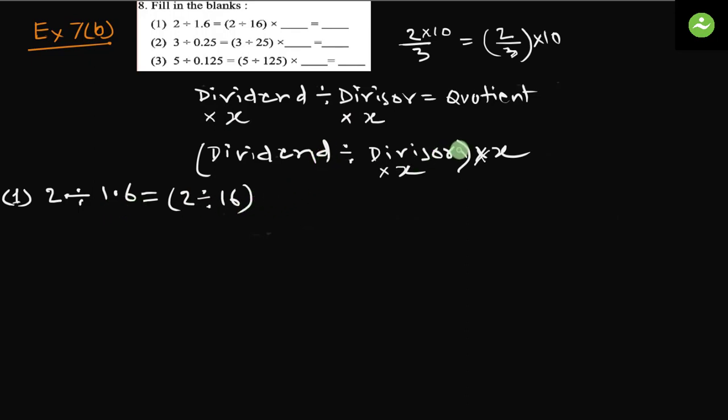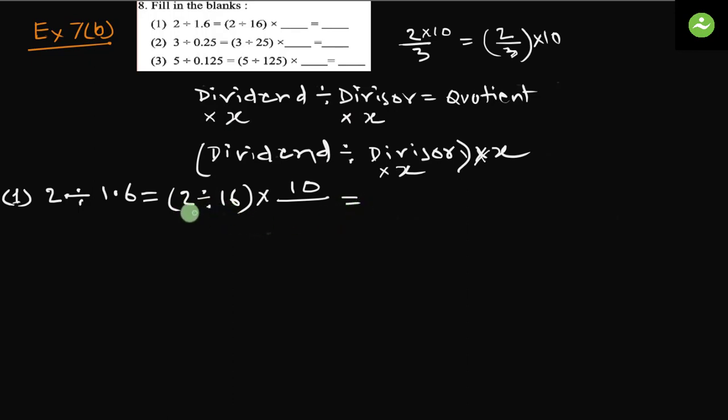As we said, now we have to multiply the whole quantity by the same number, by 10. So we have to write here, fill in the blanks, multiply by 10 equals.